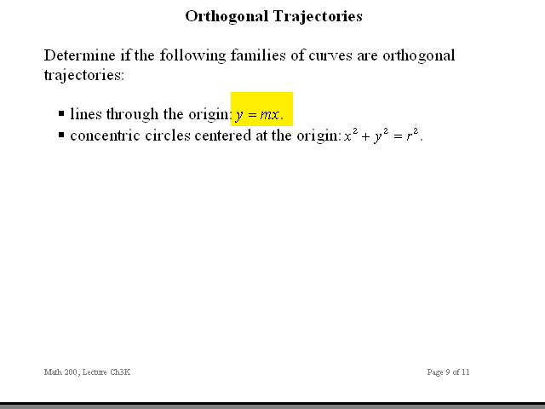So the constant here that gets varied is m, the slope. The other family are concentric circles located at the origin. So they all have the center at the origin, but they have different radii. In this case, the r, the radius of the circle, is the constant that gets varied to generate the members of the family.